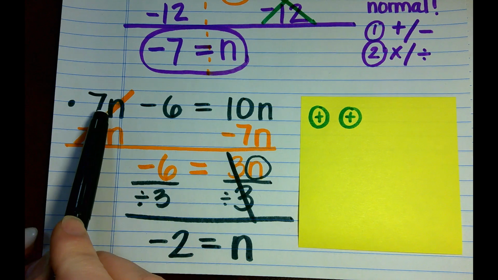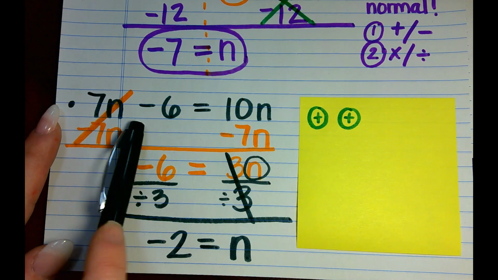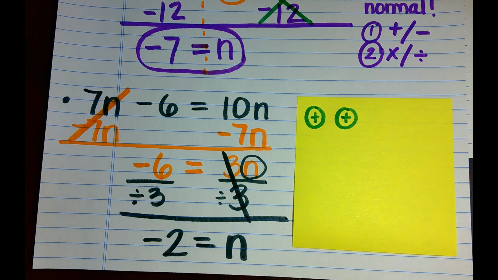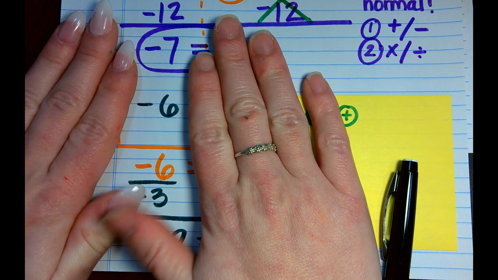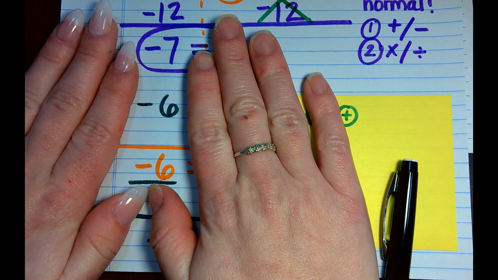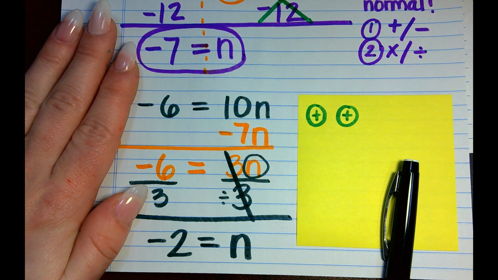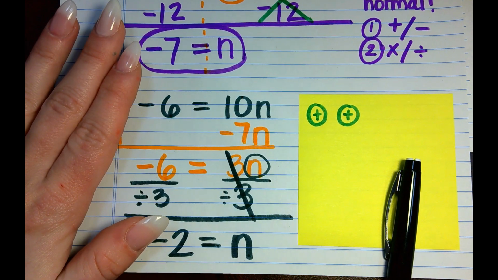So it starts with 7n minus 6, because what's happening here is we're taking away 6. But if I were to think of this as a number on its own, it wouldn't make sense to say positive 6, because we're taking away 6. We have 6 less than nothing.